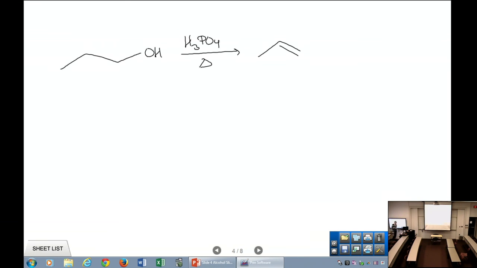You can't make a primary carbocation. So here this goes through more of an E2 type mechanism, but the first step is essentially the same, right? You have, in this case, HOPO3H2. I'll draw that a little bit better. Have your lone pairs on your oxygen. Pull off your hydrogen, kick electrons up onto oxygen.